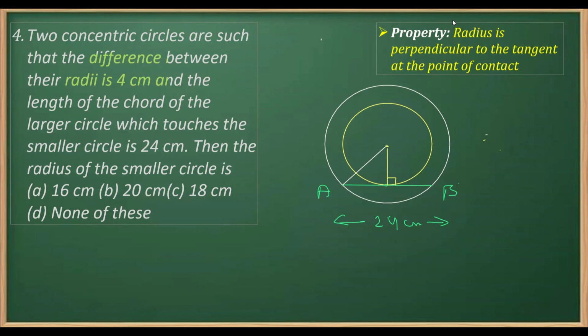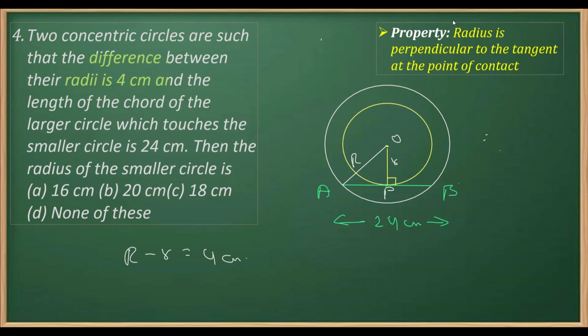We know the difference of their radii. Let's use capital R denoting the radius of the bigger circle and small r for the smaller circle, as is clear from the figure. Capital R minus small r is given as 4 centimeter.